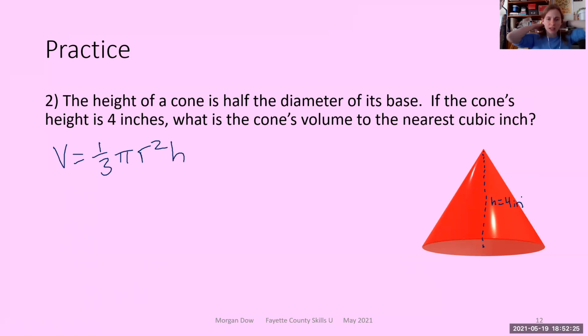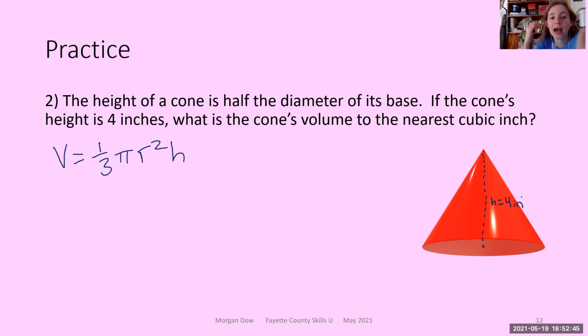What about the radius? Well, it looks like they're giving us information about the diameter. So we're probably going to have to figure out what the diameter is and then use that to figure out what the radius is, because we know that diameter and radius are really closely related. So the height is half the diameter.